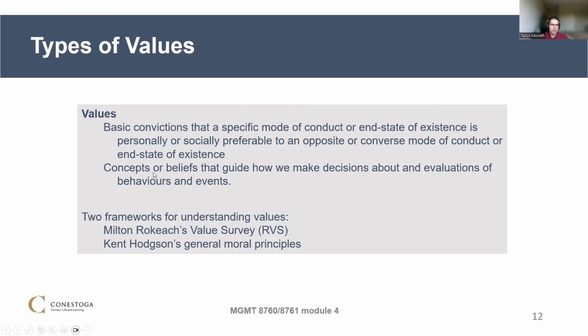And then we have concepts or beliefs that guide how we make decisions and how we evaluate situations, behaviors, and events in our lives. Then we have two theories, two frameworks for understanding values: the Milton Rokeach Value Survey, and the Kent Hodgson General Moral Principles.